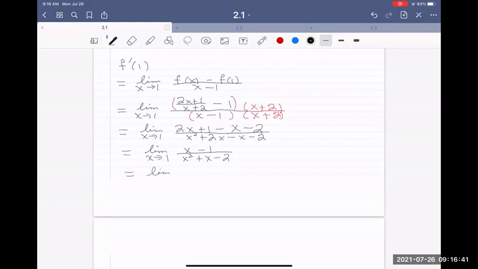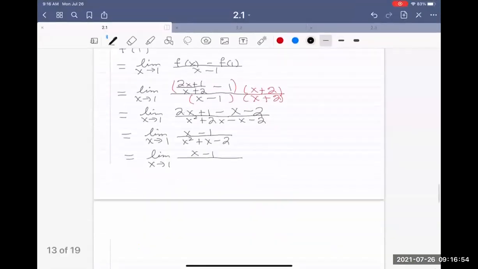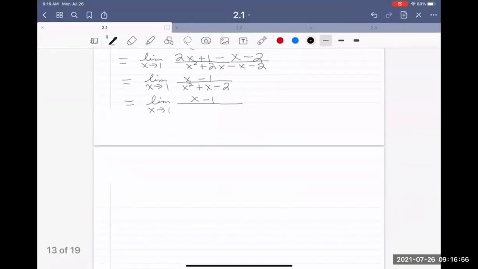So this is the limit as x approaches 1 of x minus 1 over. I can factor the denominator. I can factor this as x plus 2 times x minus 1.